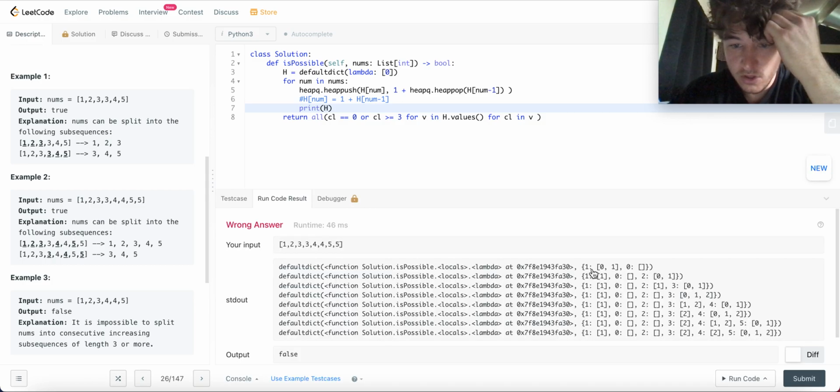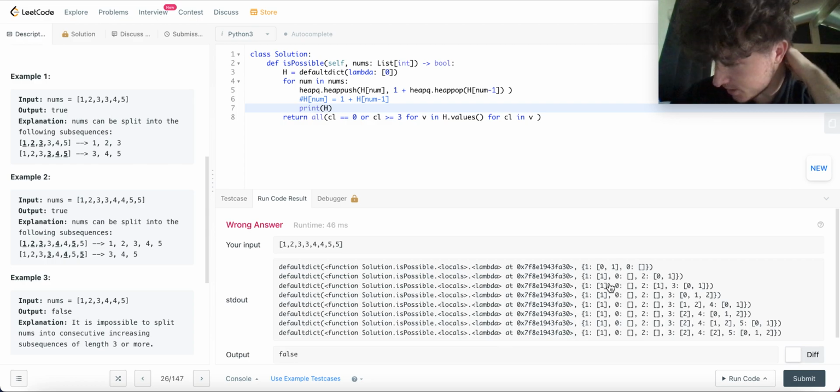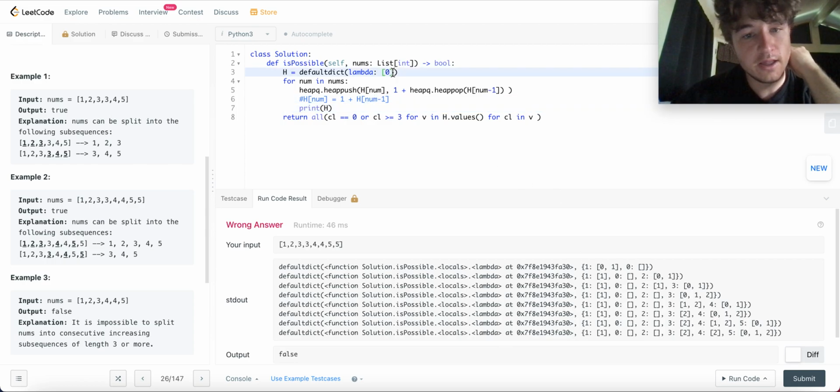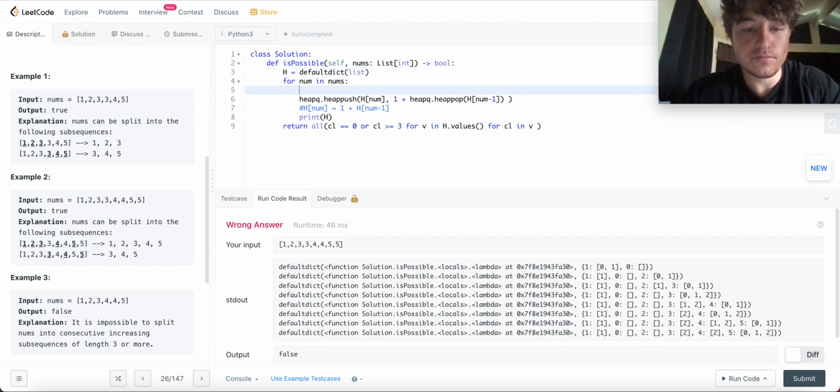So when we start, we have 1, 0, 1. I don't like this fact that 0 here is because it should be null. So let's just make this a list, and then we'll just say, if there is an h of num minus 1, we can attach ourselves to it.